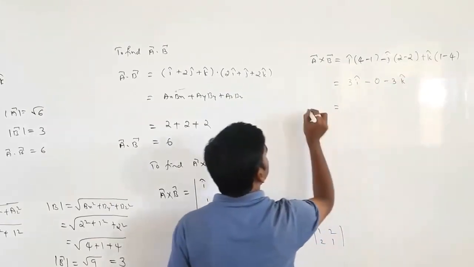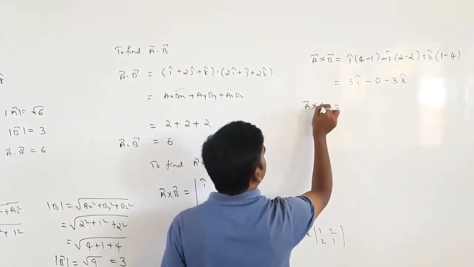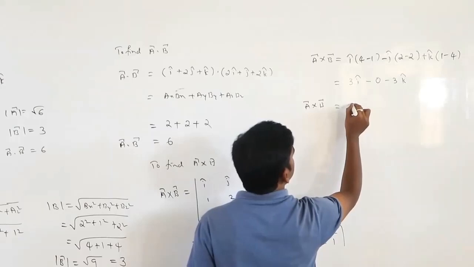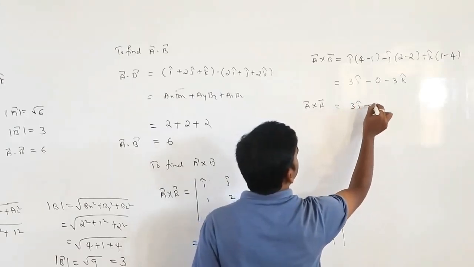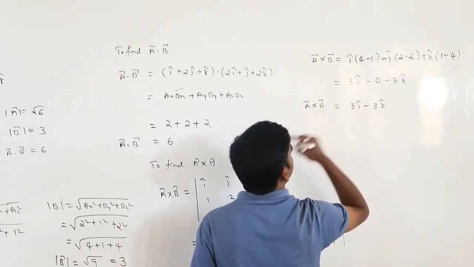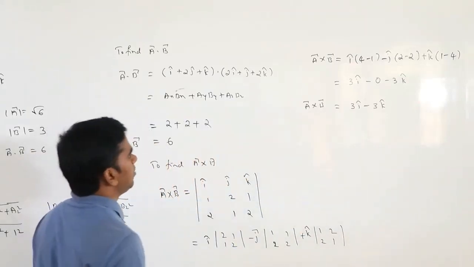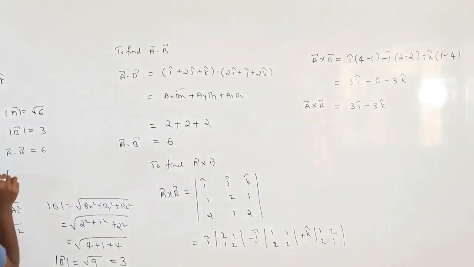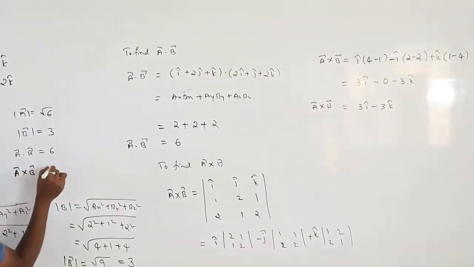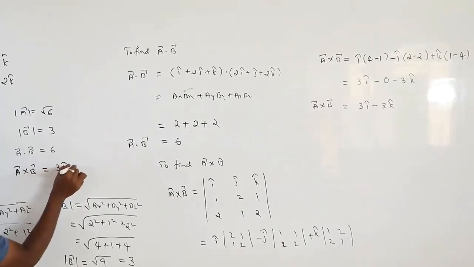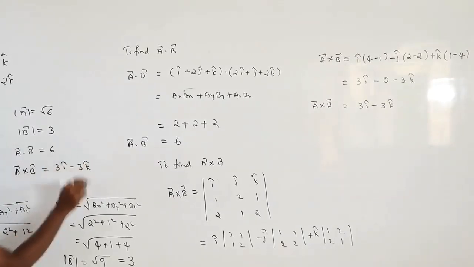Totally, A cross B equals 3 I cap minus 3 k cap.